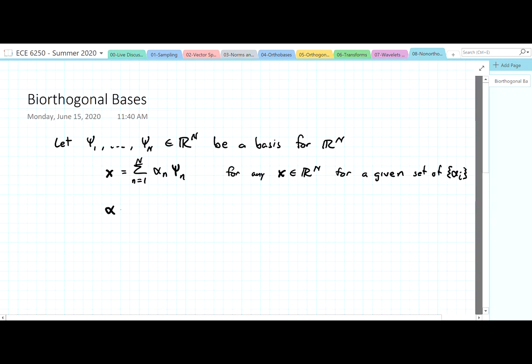So we'll say alpha is equal to the vector alpha 1 up to alpha n.